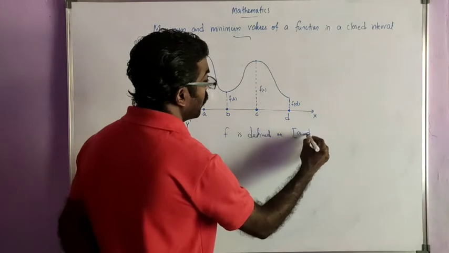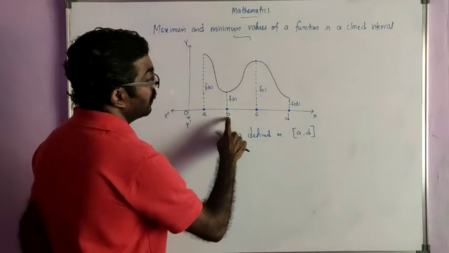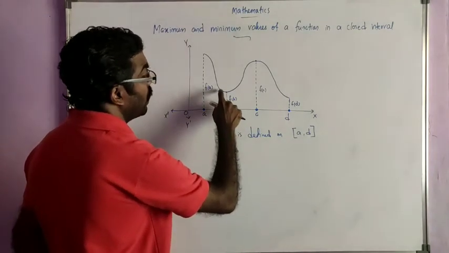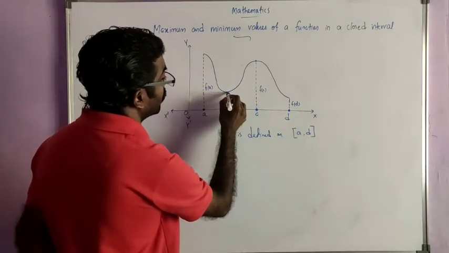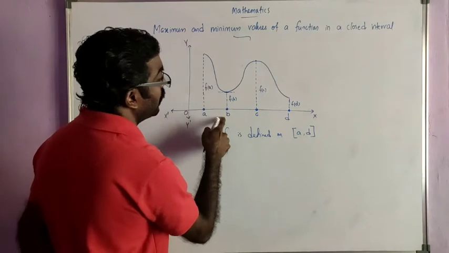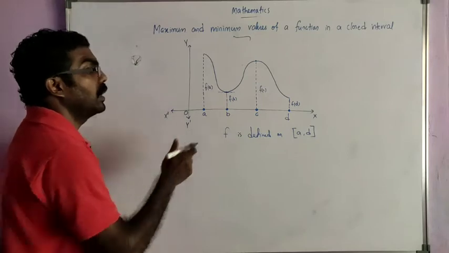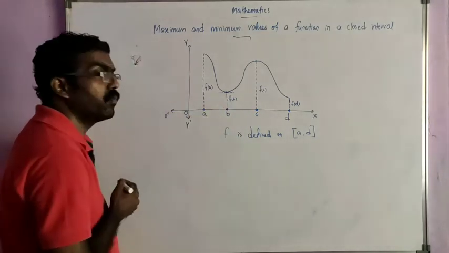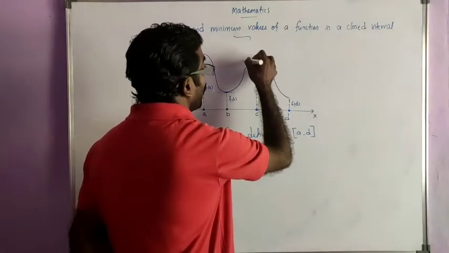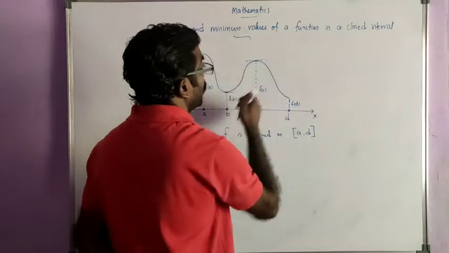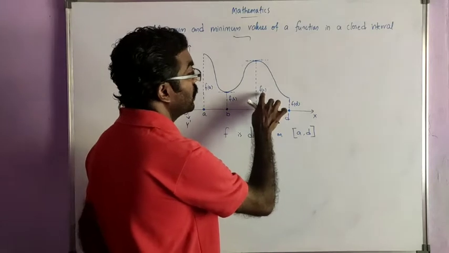We can observe that at the point b the function attains its local minimum value, and the local minimum value is given by f of b. And here at the point c the function attains its local maximum value, and the local maximum value is given by what?